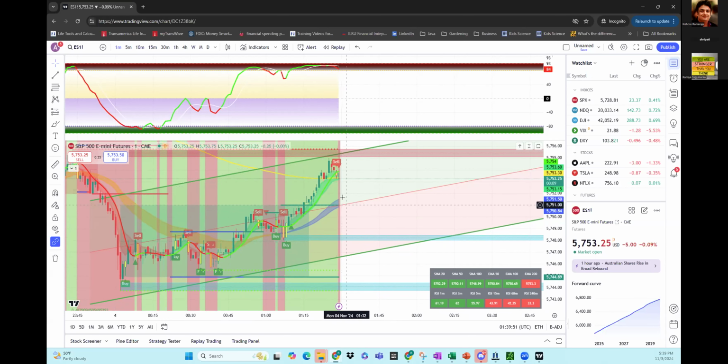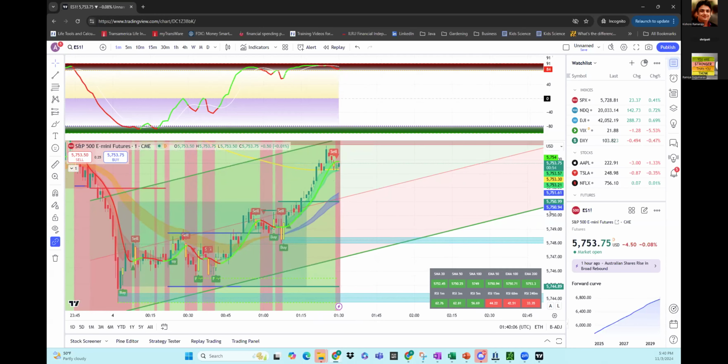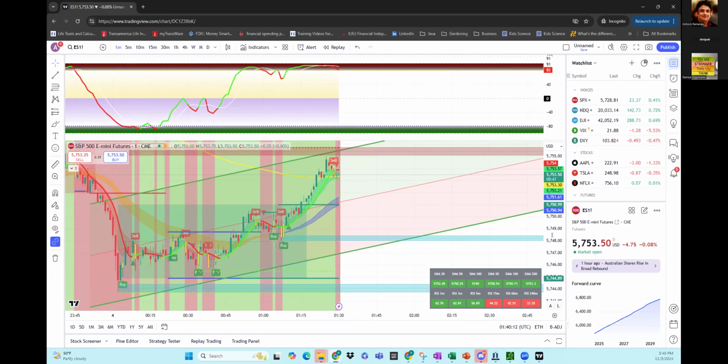It will drop all the way till here, minimum. If it breaks that, it may come all the way to the support. So we are waiting for the T5 line to turn red to take this. Makes sense.